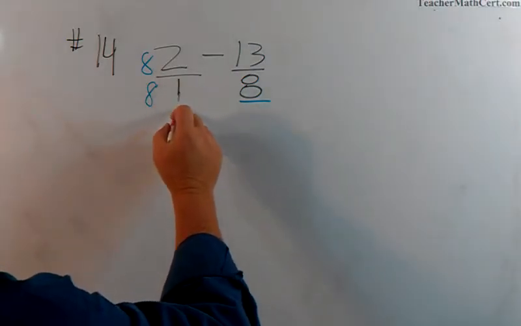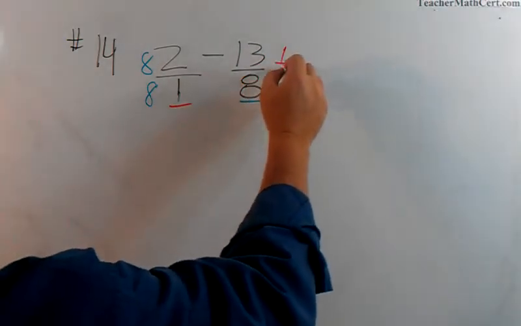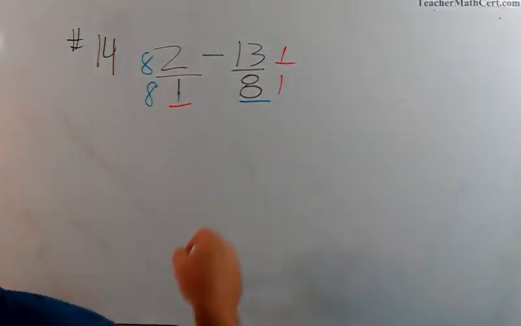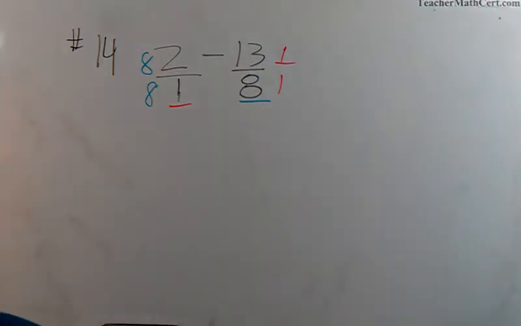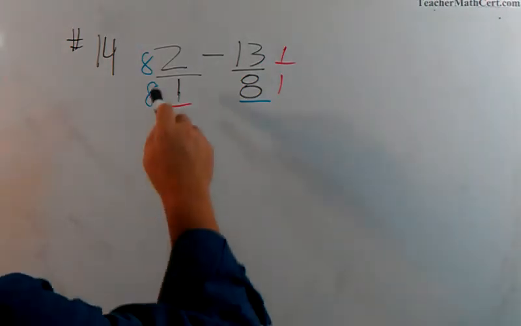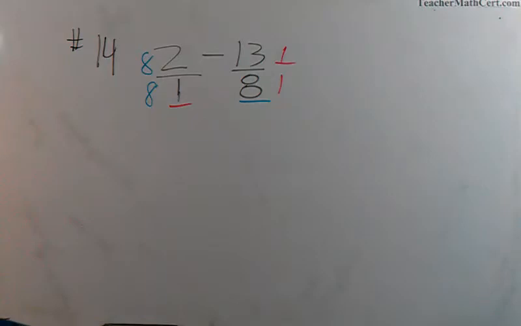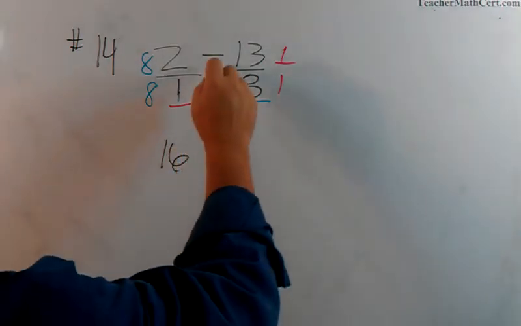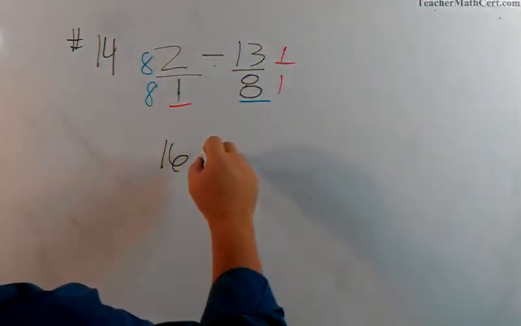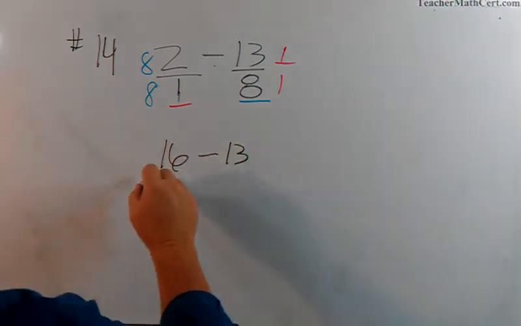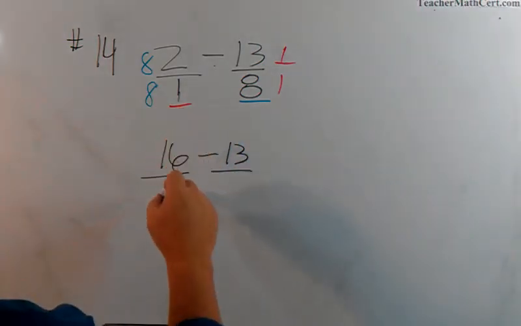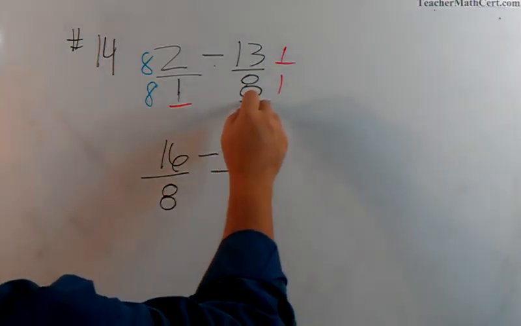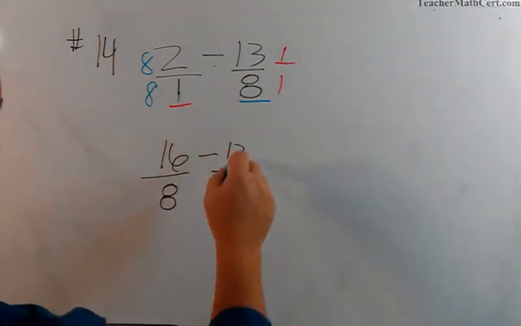We take this 1, multiply the numerator and the denominator of the opposite fraction. 8 times 2, 16, minus 1 times 13, so minus 13. Notice again, these denominators are the same. They're both 8 now, right? 8 times 1 is 8, and 8 times 1 is 8.